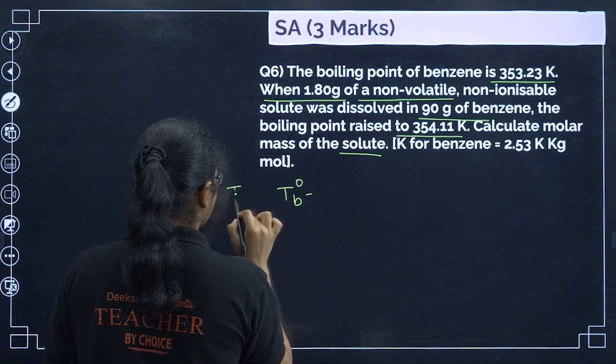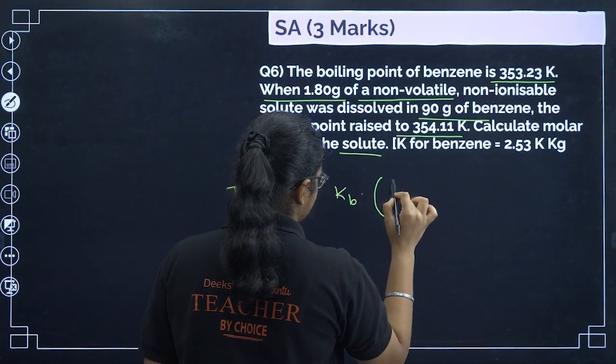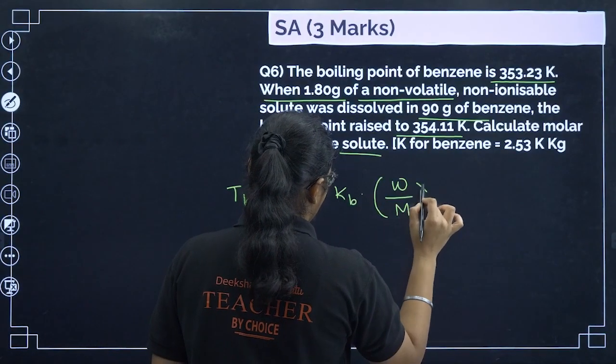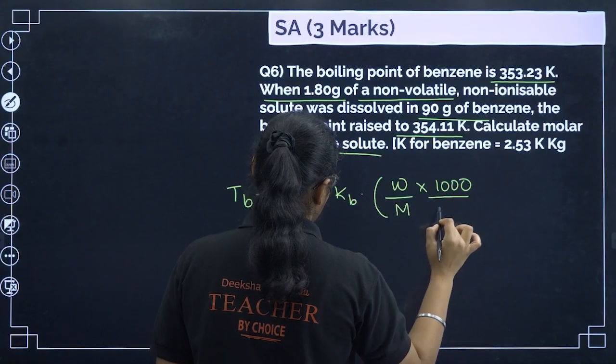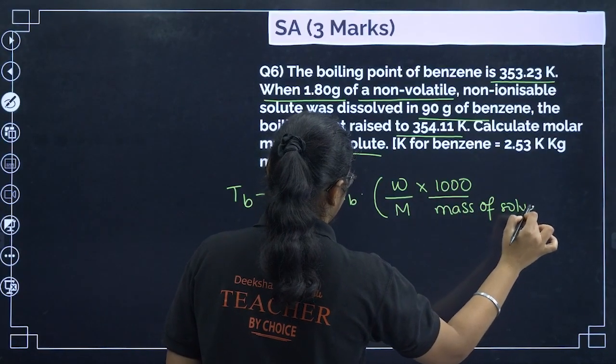Okay, so what is the formula? TB minus T0B equals Kb into m, which is equal to given mass by molar mass into 1000 by mass of solvent.